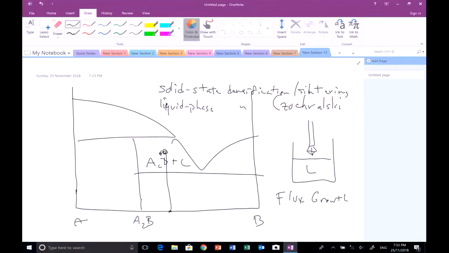We can't do that with ceramics. Ceramics are refractory. We don't melt ceramics because they crack. There's a huge volume change from the solid. It's brittle. So we sinter, we densify. And a lot of metals are densified this way too. We don't melt all metals, we can sinter them as well.